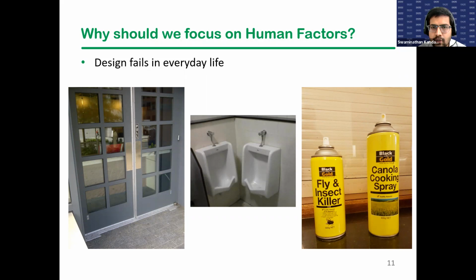Similarly, in the image on the right, you have very similar looking spray bottles, and I may grab the bug spray instead of a cooking oil, and that can lead to serious errors. And this is also common in healthcare. We have had situations where we had medication errors because we grabbed vials that looked very similar.